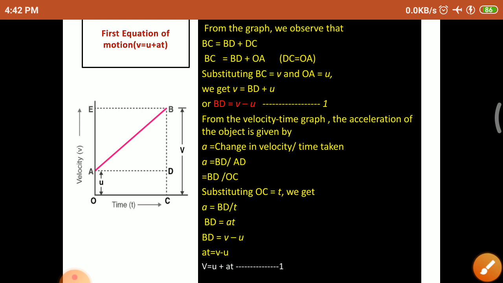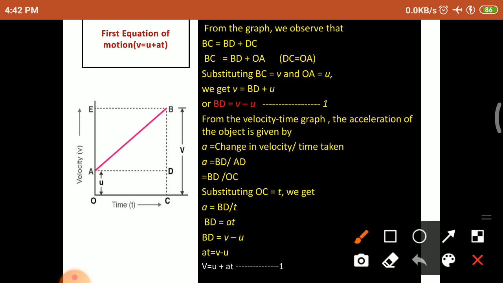From the velocity-time graph, how do we calculate the acceleration? This is the initial point, this is the final point. Acceleration is the change in velocity from the initial velocity to the final velocity, divided by the time taken. The change in velocity is BD, and the time is OC, which is t.